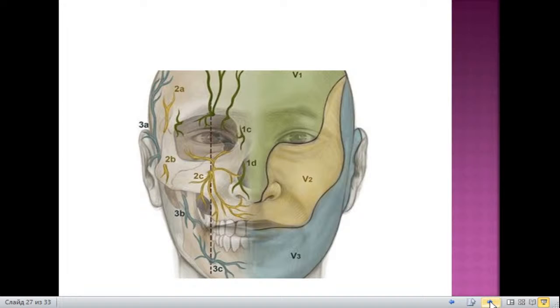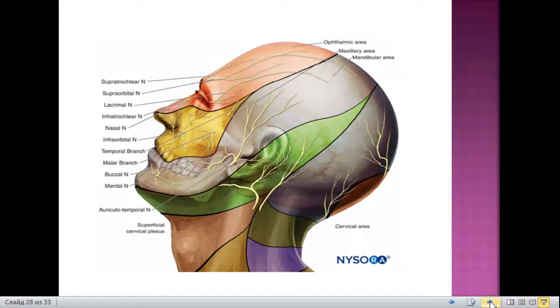About the head. Firstly, sensory innervation of the skin. Actually, sensory innervation of the skin of the head and neck can be subdivided into two parts.